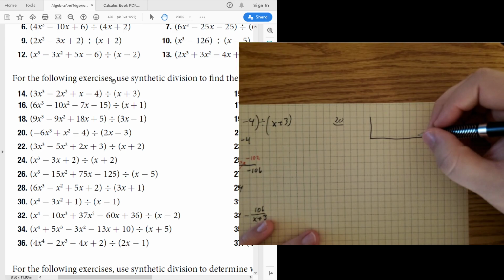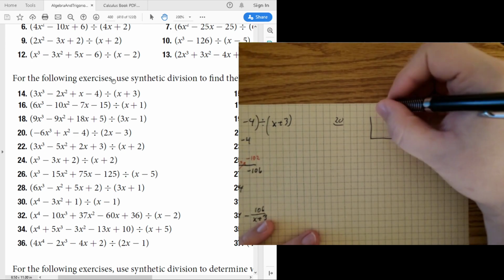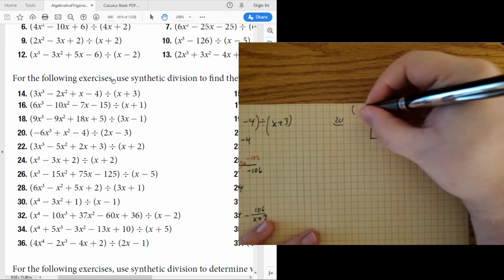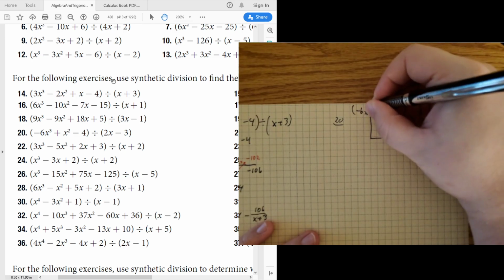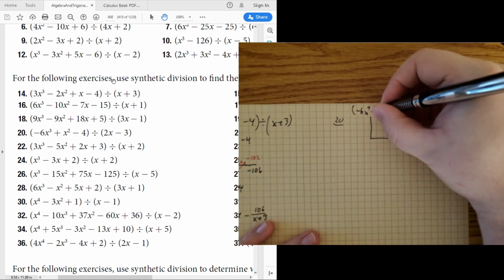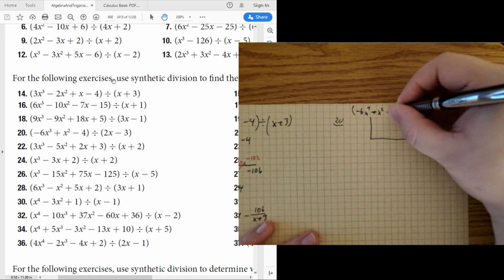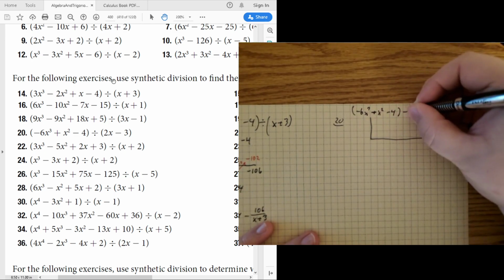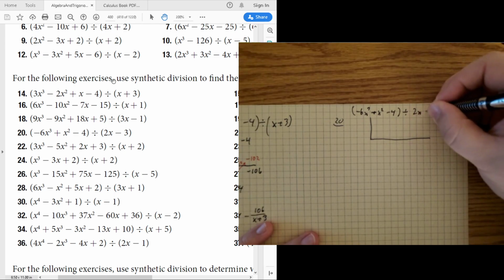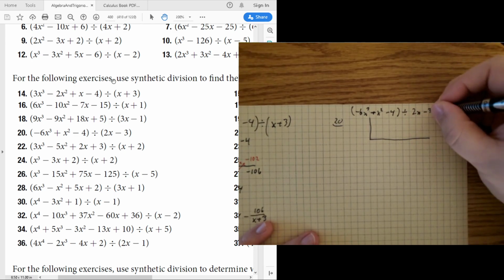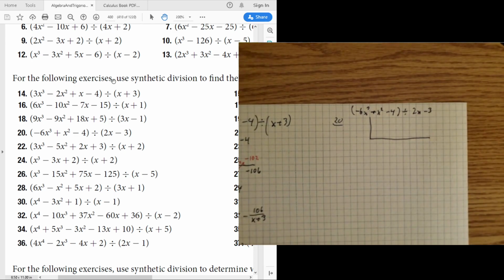Okay, on number 20, we have negative 6x cubed plus x squared minus 4 divided by 2x minus 3. Okay, first things first.